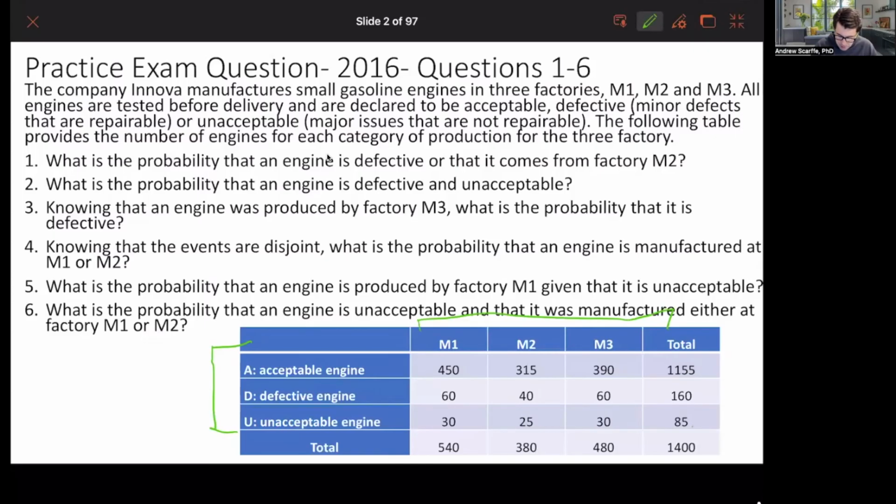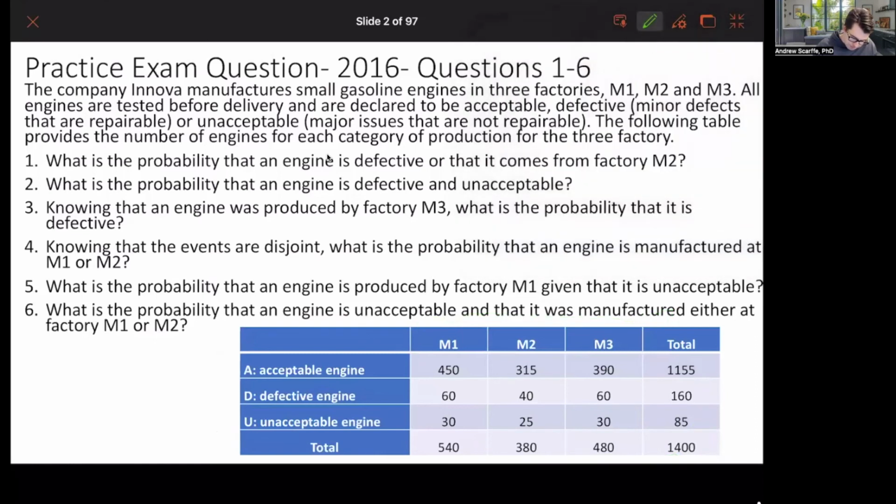In our contingency table, we notice that we have a total box where both totals meet of 1400. And we remember that the sum of our rows, 1155 plus 160 plus 85, is going to equal 1400, and 540 plus 380 plus 480 will also equal 1400.